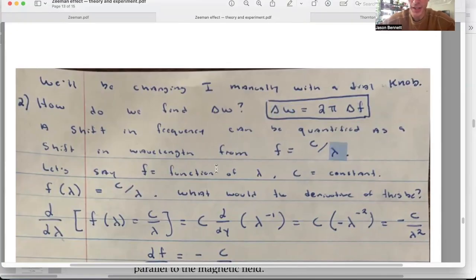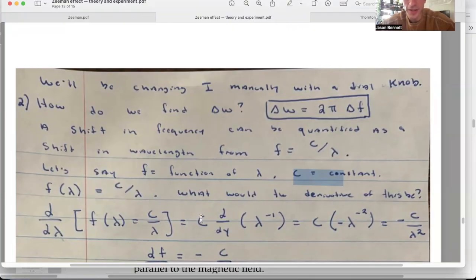So I say function, and the reason for that is as follows. If I say that f is a function of lambda, c is just a constant, then I can write this, with a little function nomenclature here, c over lambda. Nothing changes about the equation. It just makes it a little bit easier for me to figure out what I need to take the derivative with respect to lambda. So if I take the derivative of this function, how do I do that?